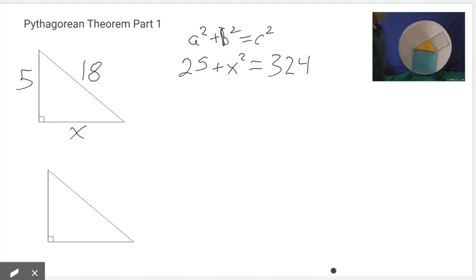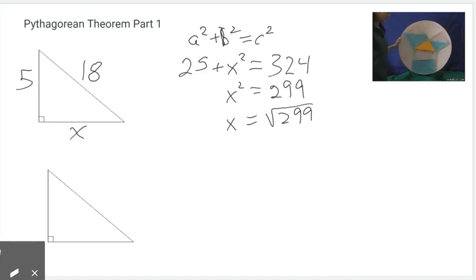Okay, so let's subtract 25 from each side and you get x squared equals 299. So x equals root 299. Now, before I go any further, I'm just going to make sure of my math. Never be afraid to check yourself. All right. Okay, so we got that.